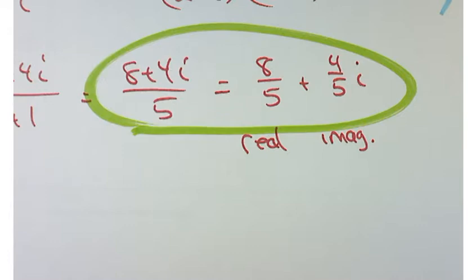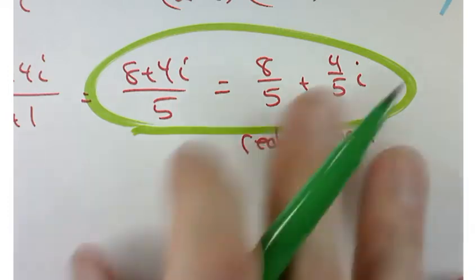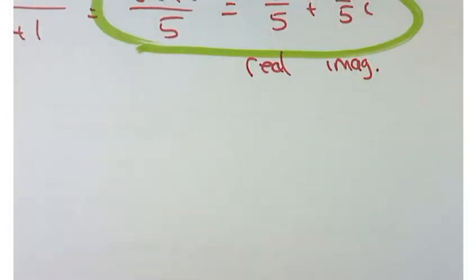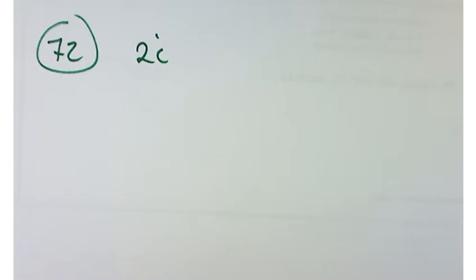Okay, let's try another one or two like that. Let's try number 72. 2i divided by 3 plus 8i.